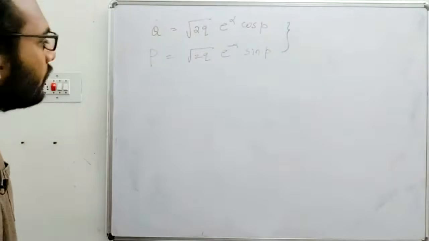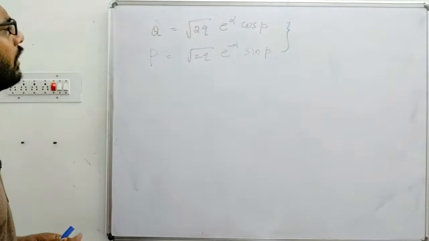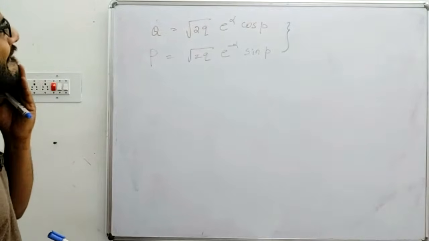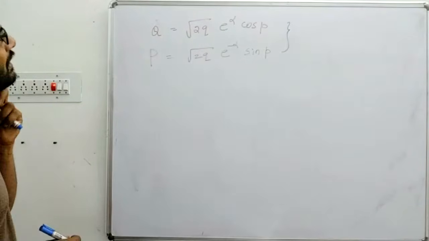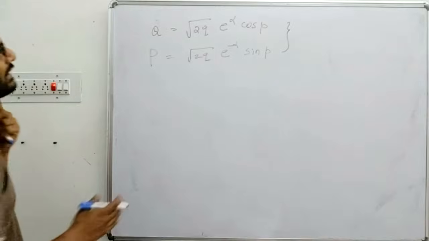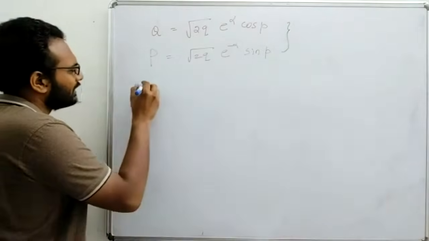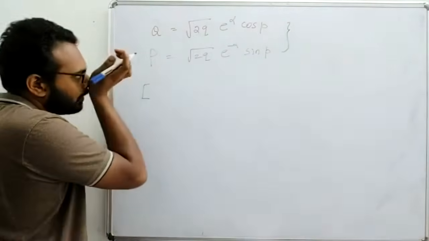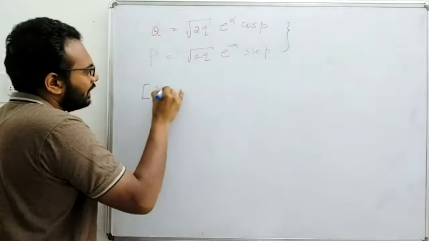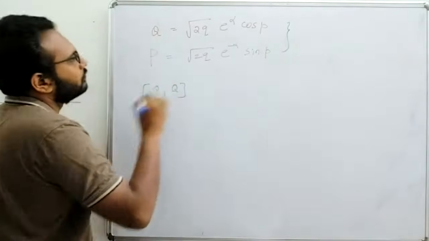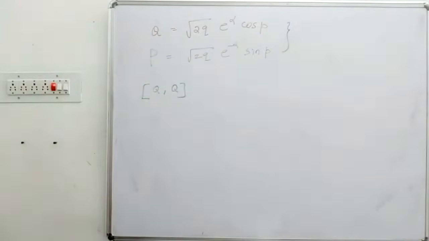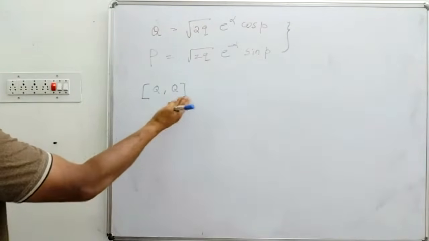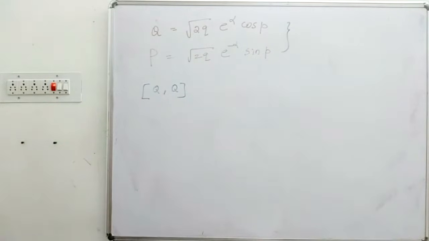Now, how do we do this? We could actually check all the fundamental Poisson brackets, to be on the safer side. Let's say Q with Q. This is 0 by definition, so we need not check this.